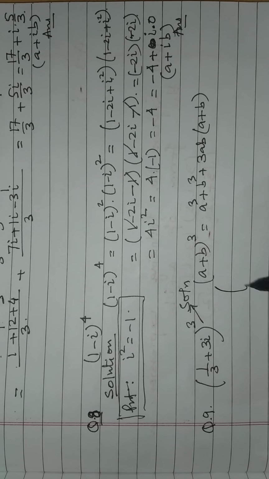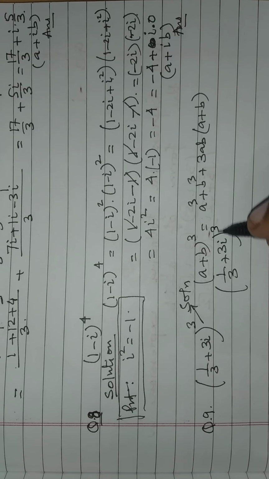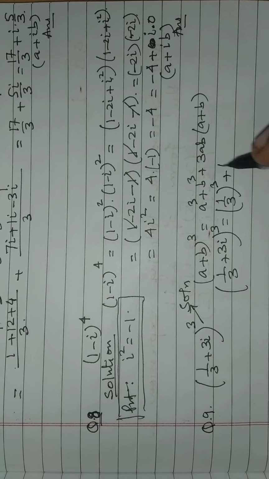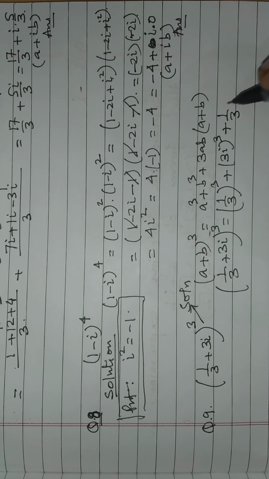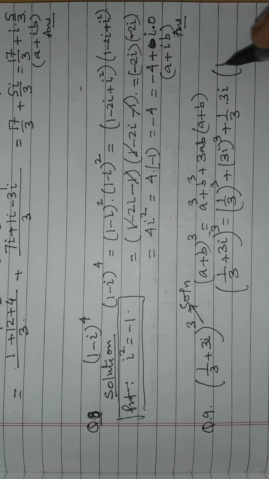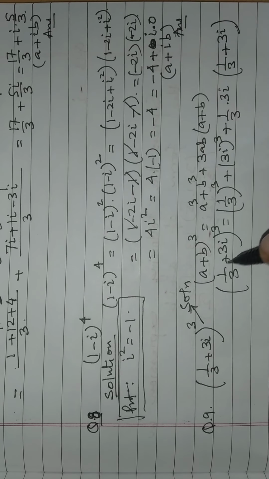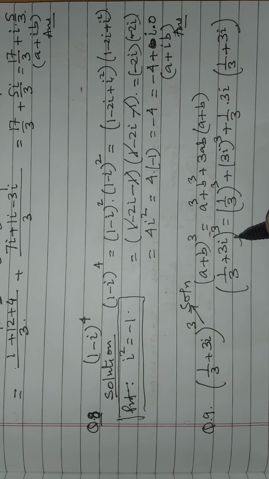So now here, (1/3 plus 3i) whole cube. So this is (1/3) whole cube plus (3i) whole cube, and then 3 times 1/3 into 3i under bracket (1/3 plus 3i), because in place of a it is 1/3, in place of b it is 3i.